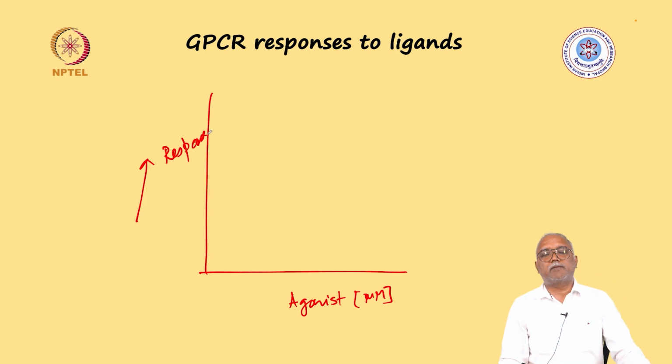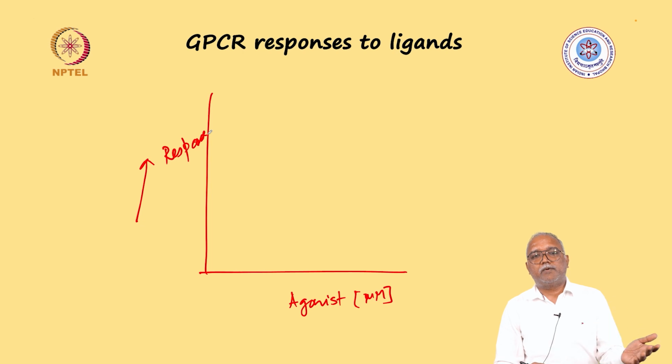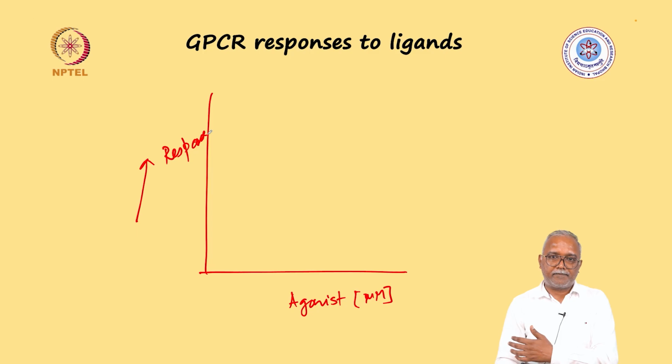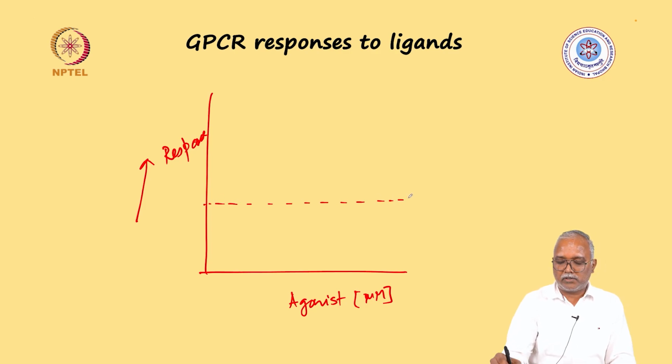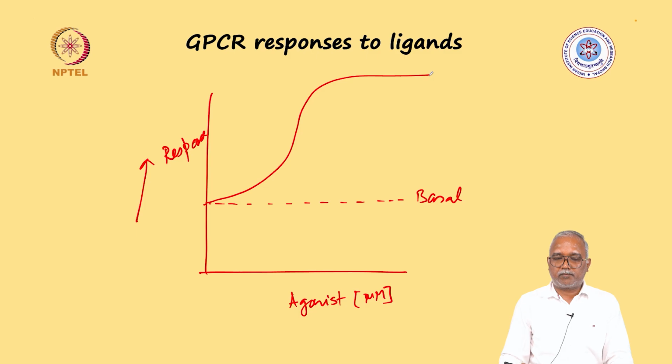Response in the sense that suppose the receptor was supposed to activate and generate cyclic AMP. So how much cyclic AMP is forming, that is the response. And let's look from the perspective that there are receptors which have this basal inherent activity. So what will full agonist do? Often you see this response. So this is your full or pure agonist.